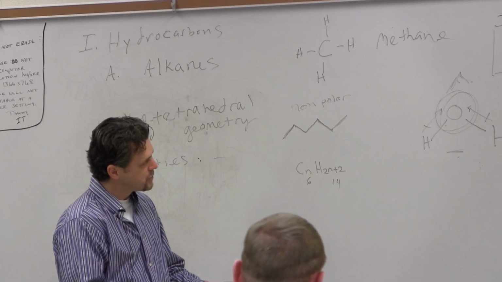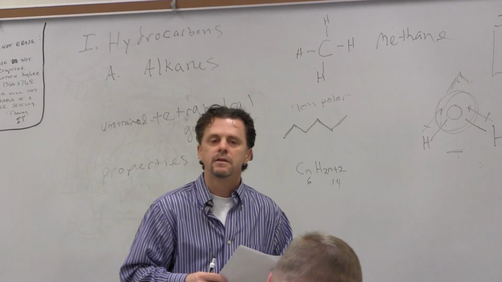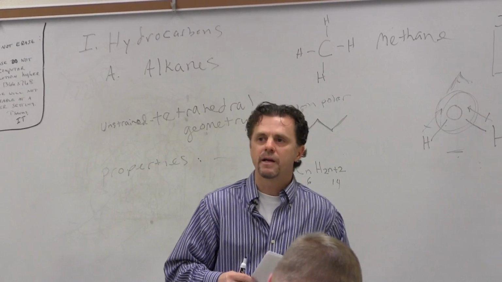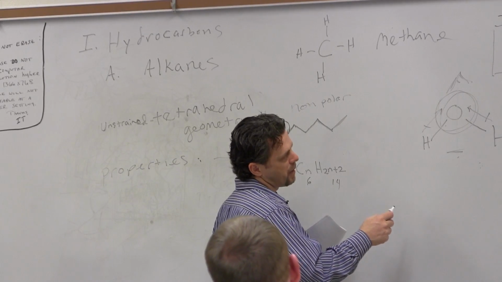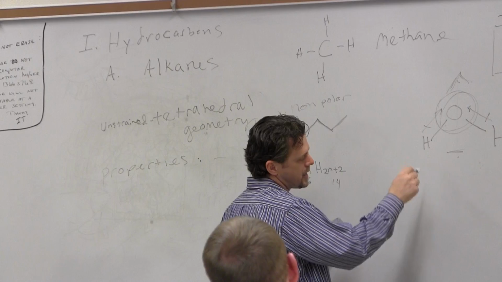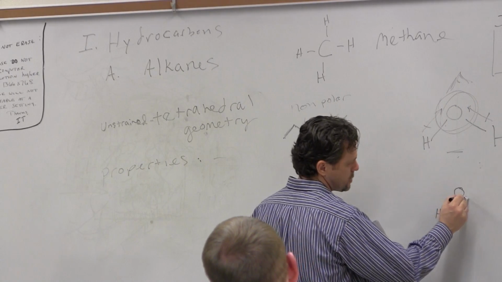The other thing that is important because of polarity is the concept of hydrogen bonding, which, if you haven't had chemistry in a while, you probably remember. We've got water, and there are other things besides water that can do this.